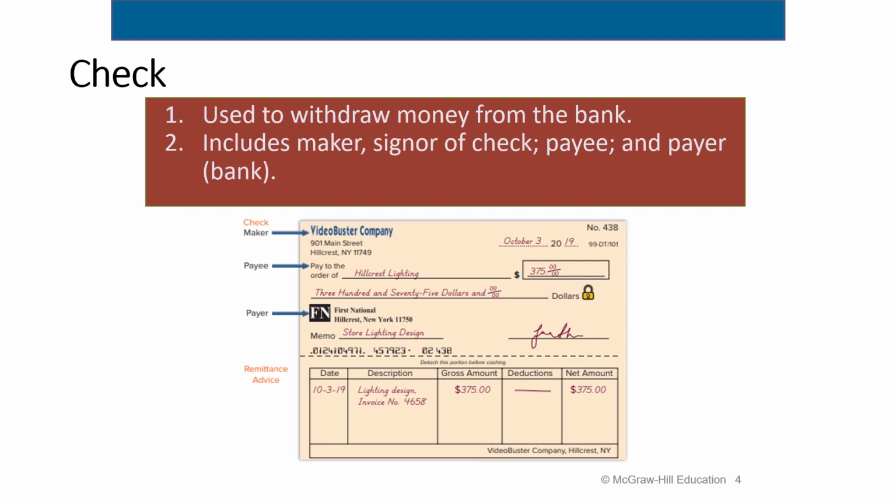So checks aren't used as commonly as they used to be because now we can transfer funds electronically. So an EFT, or electronic funds transfer, is the electronic transfer of cash from one party to another. Companies are increasingly using EFT because of its convenience, low cost, and it's a little more secure than a check.